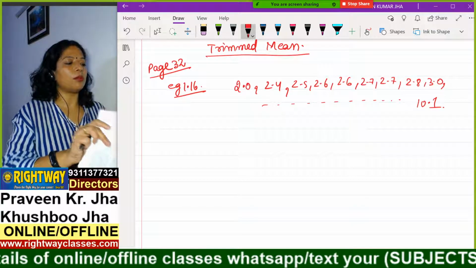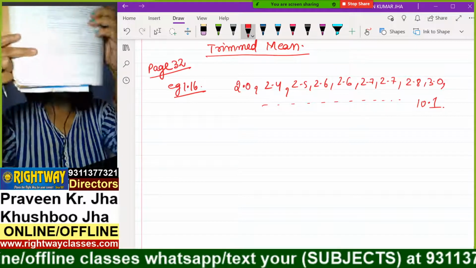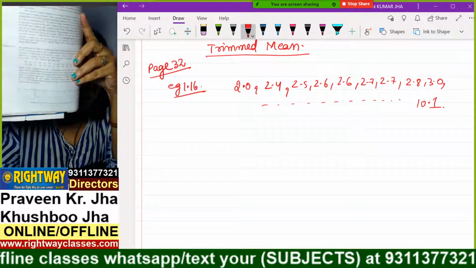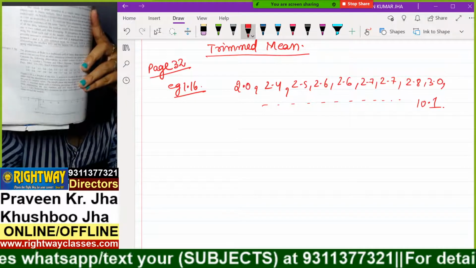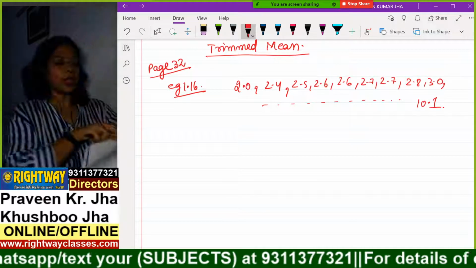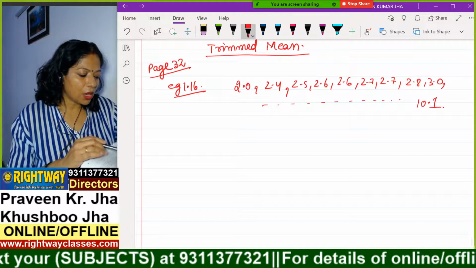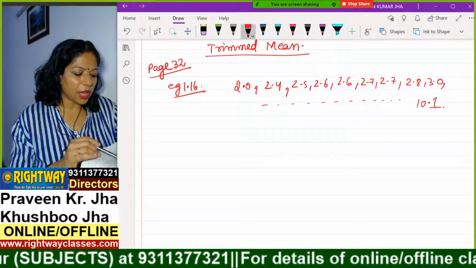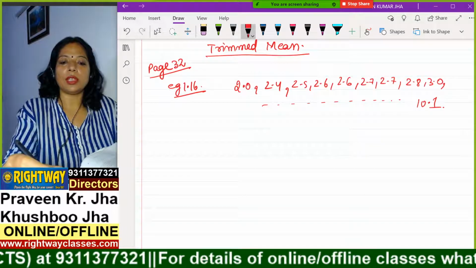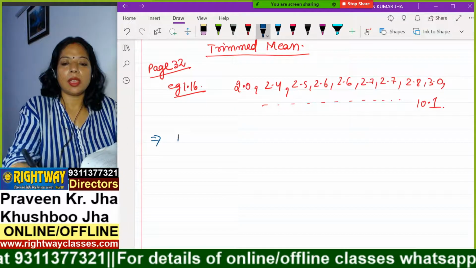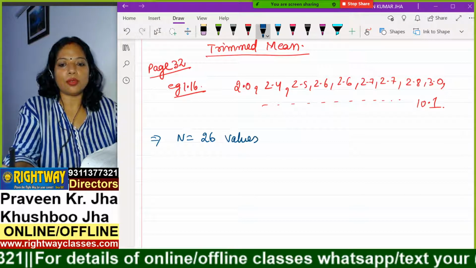You can see the values in the book. Now I am counting how many values there are: 1, 2, 3, up to 13. So n is equal to 13 into 2, 26 values, as there are two rows.